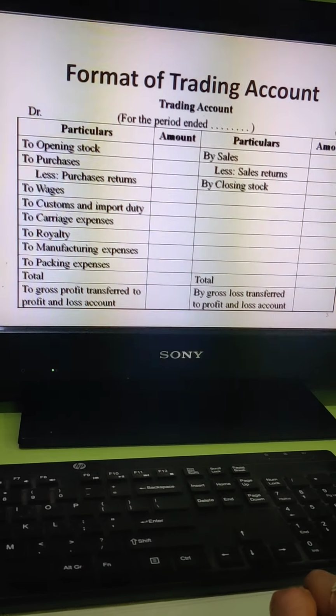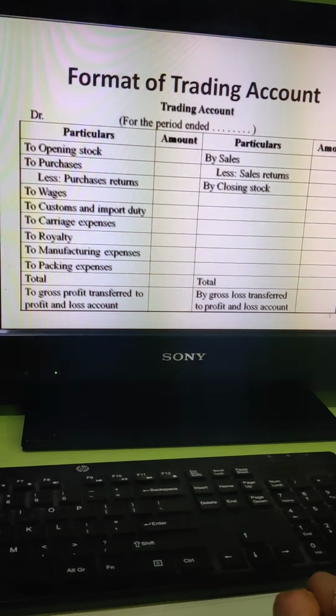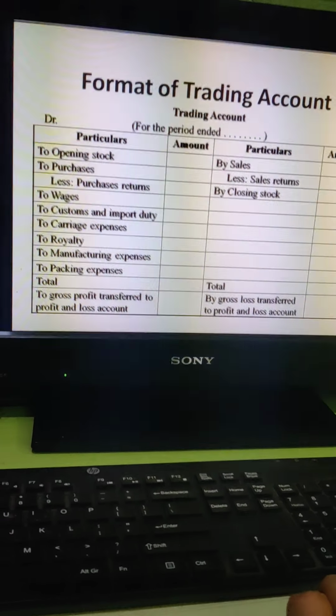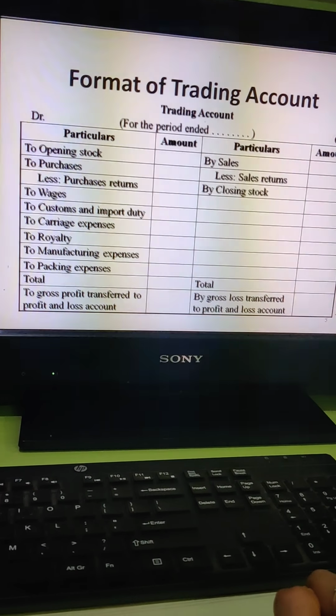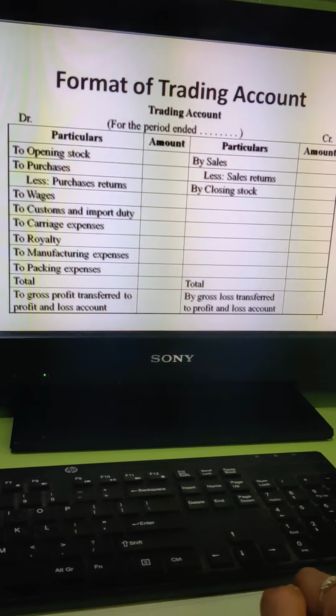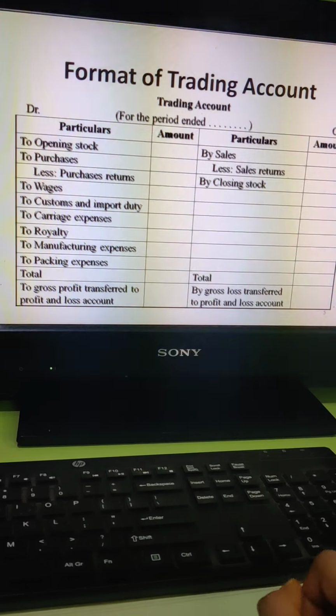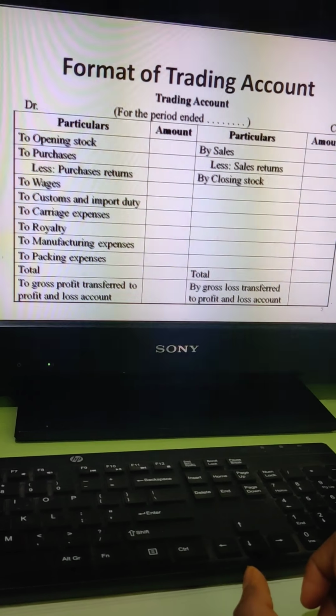We then add the goods that are purchased. Many times, the purchases are not as per the specification. In that case, you return the goods. So from purchases, we deduct that much amount.